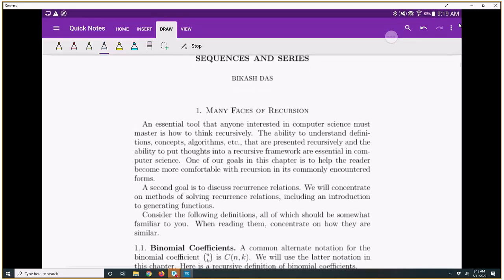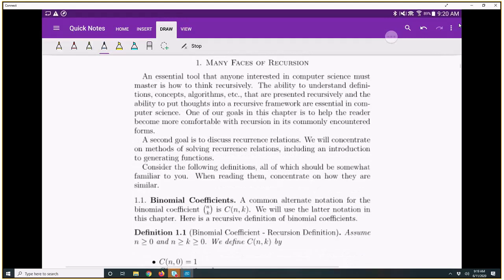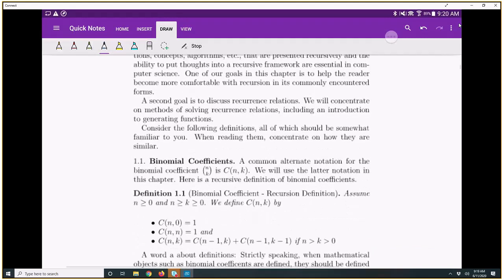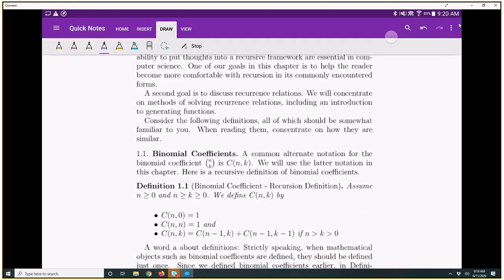The ability to understand definitions, concepts, algorithms, etc. that are presented recursively, and the ability to put thoughts into a recursive framework are very useful skills to have. So we'll attempt to become more comfortable with that way of thinking. And then eventually we're going to discuss recurrence relations and how to solve them mathematically.